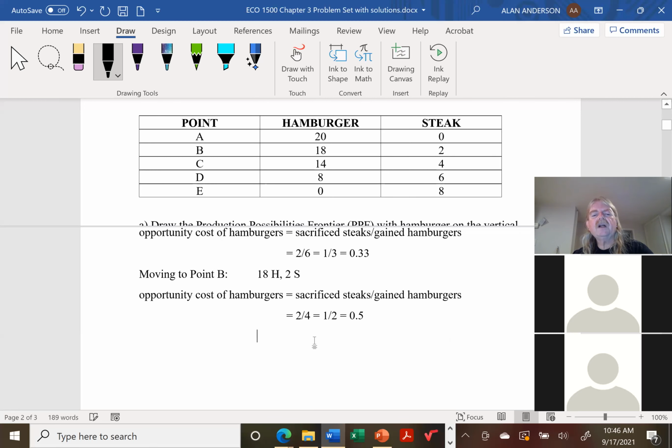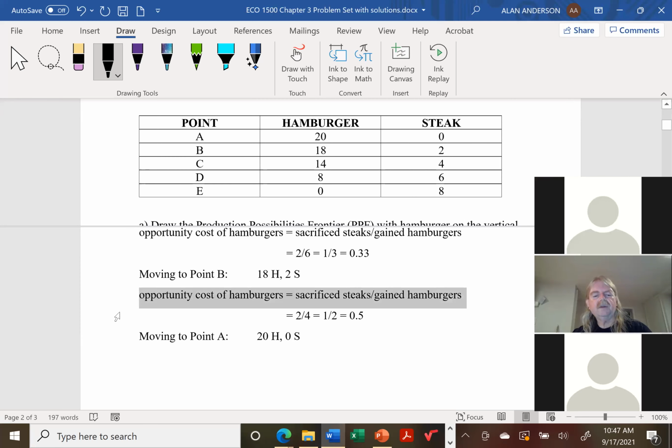And then finally, when we try to make only burgers and no steaks, moving to A, at point A, we have 20 burgers and no steaks. Man, so the opportunity cost is really getting steep.